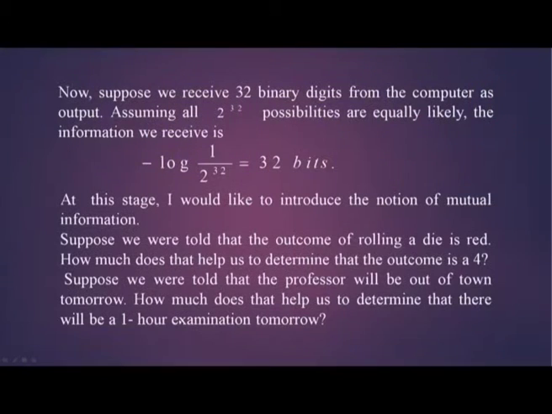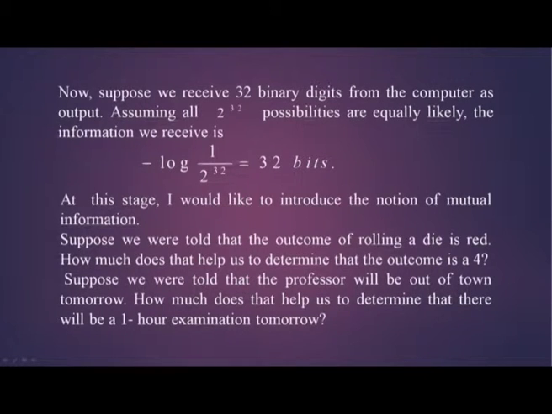Now, suppose we receive 32 binary digits from the computer as output. Assuming all 2 to the power 32 possibilities are equally likely, the information we receive is minus log 1 by 2 to the power 32.